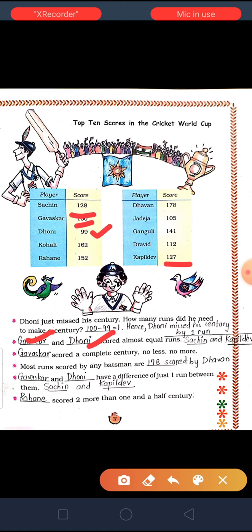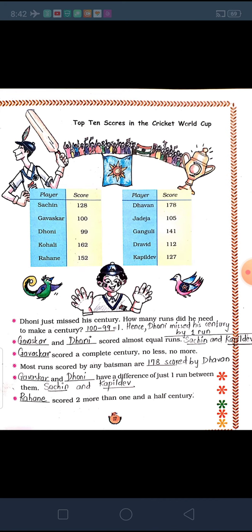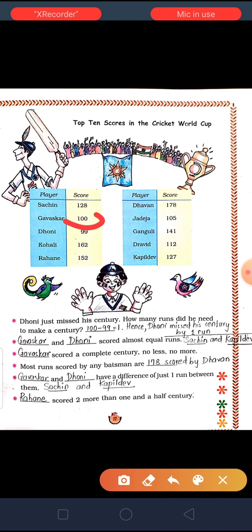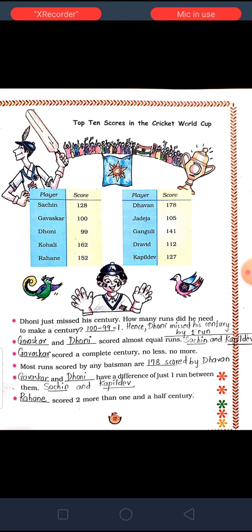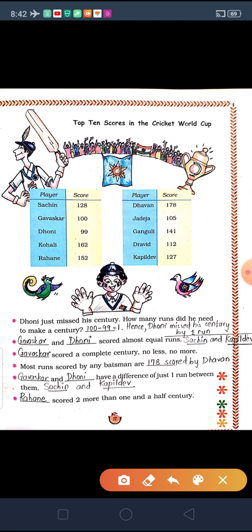Next question is: dash scored a complete century, no less no more. Means exactly 100 runs, who made it? Gavaskar made exactly 100 runs. So they have asked who scored a complete century, so that is Gavaskar. Next is: most runs scored by any batsman are, means who had made the highest score.